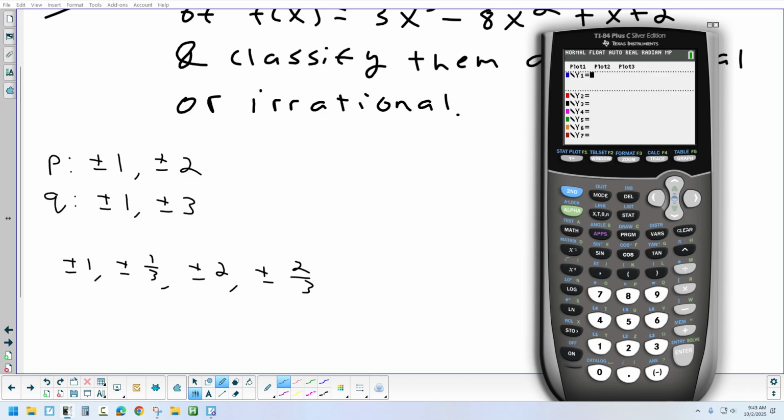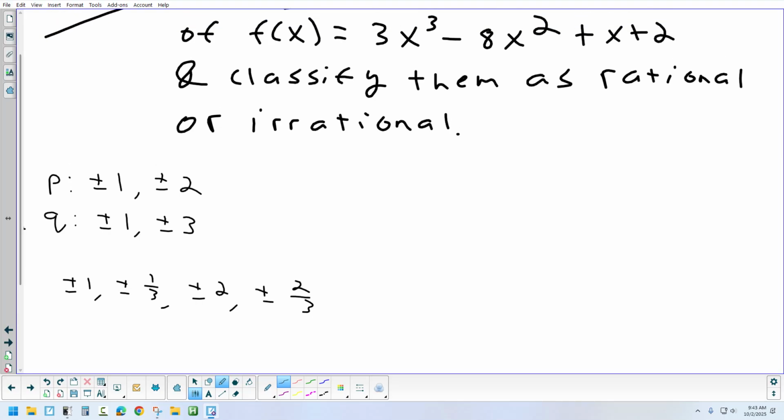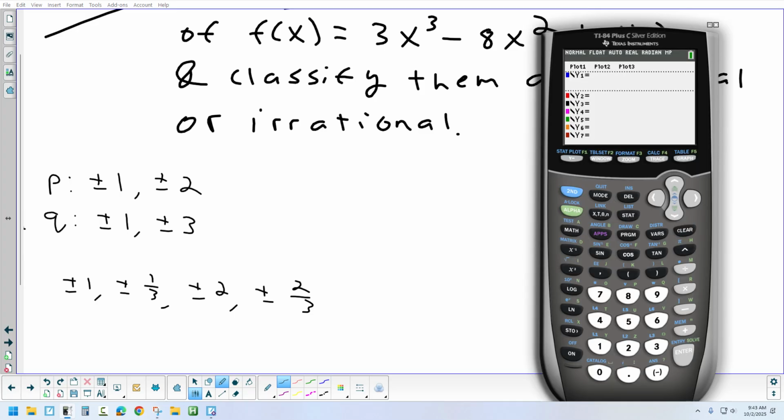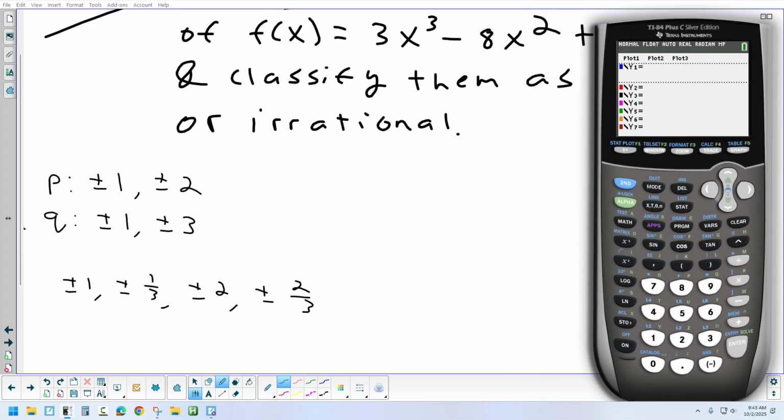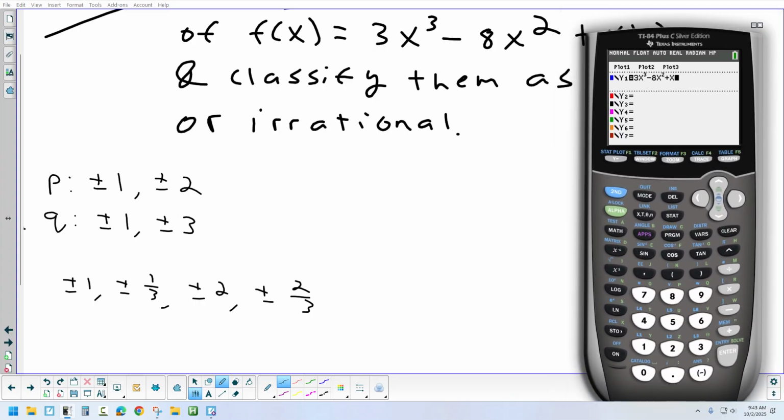So, I need to see the question. All right, so we've got 3x cubed minus 8x squared plus x plus 2. All right, and we'll do zoom 6.